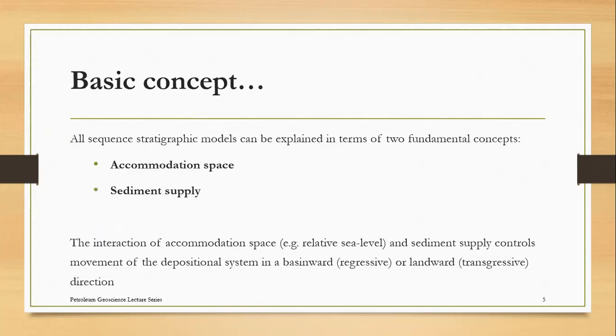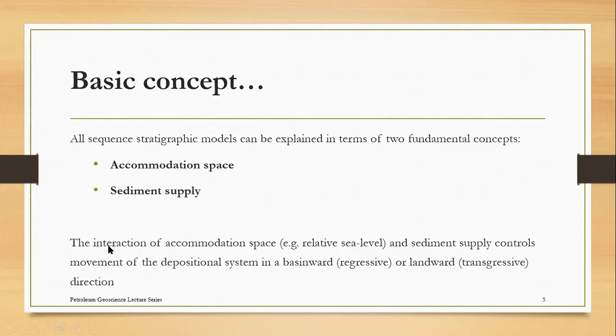So by way of basic concept, all sequence stratigraphic models can be explained in terms of two fundamental concepts, and that would be accommodation space and sediment supply. Once you understand the interplay of these two, you already have a glimpse of what sequence stratigraphy is, and the better you will understand it.